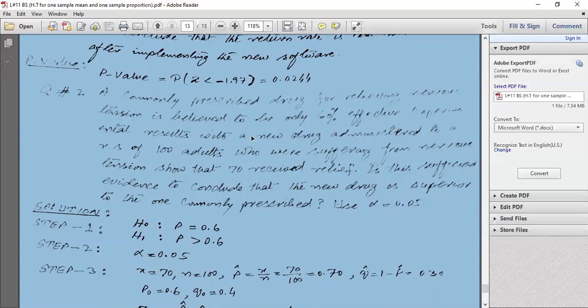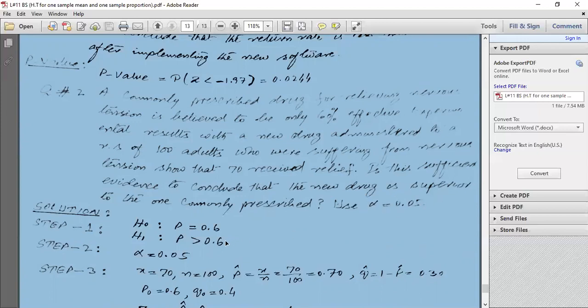Experimental results with a new drug administered to a random sample of 100 adults who were suffering from nervous tension show that 70 received relief. Is this sufficient evidence to conclude that the new drug is superior to the one commonly prescribed?